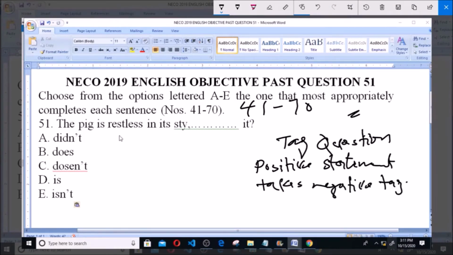The statement here is positive, so the tag must be negative. Option A says didn't it, B says does, C says doesn't, D says is, and E says isn't. Since the verb here is positive, we need a negative tag, so the correct option is E, isn't it. The pig is restless in its sty, isn't it. So option E is correct.